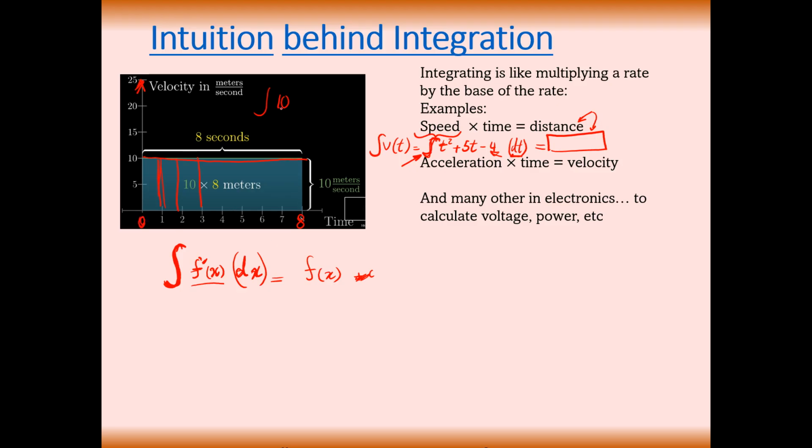It was going from 0 to 8, so you would put 0 to 8 there, and if you integrate that with respect to time, you will get 10t, and then substituting 0 and 8 into it, you would end up with 80. You will end up with this result.